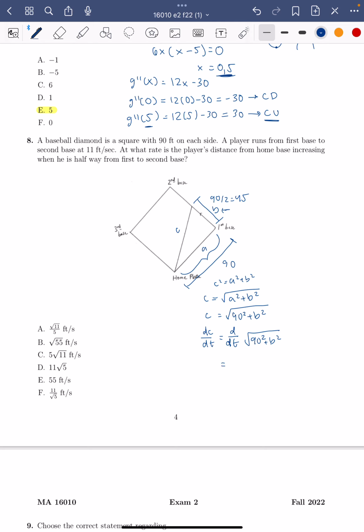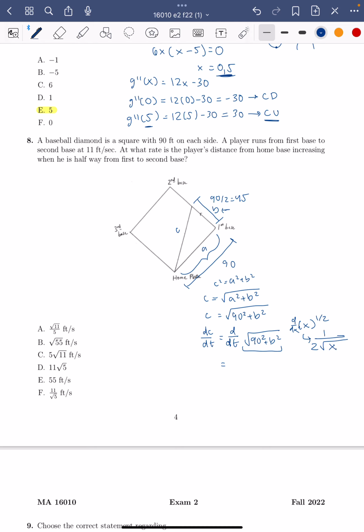This is a chain rule question. I like to write my square roots like this. The derivative of a square root equals 1 over 2 square root of that thing.